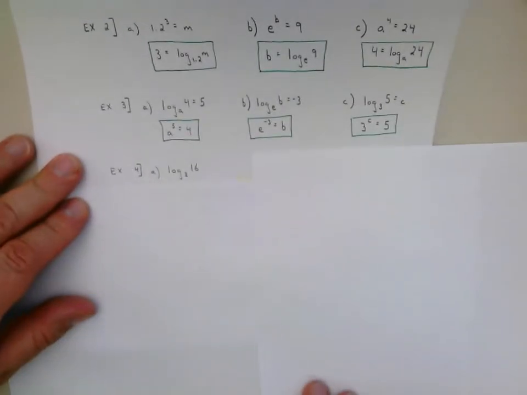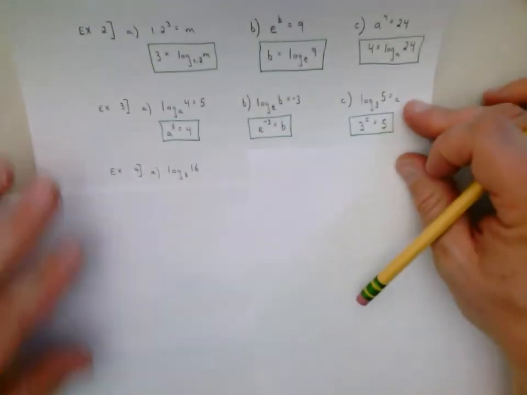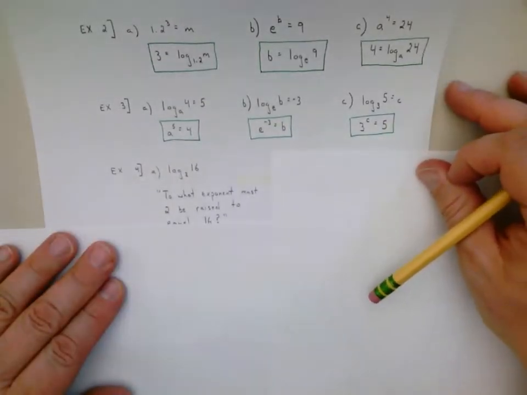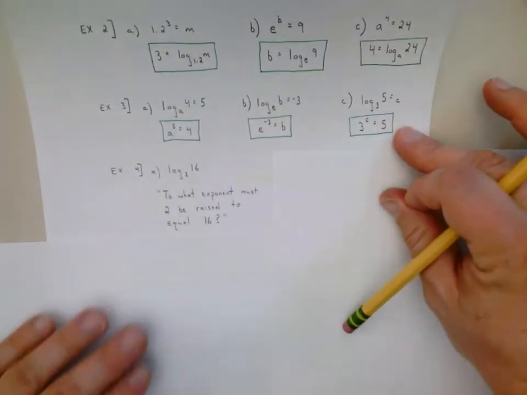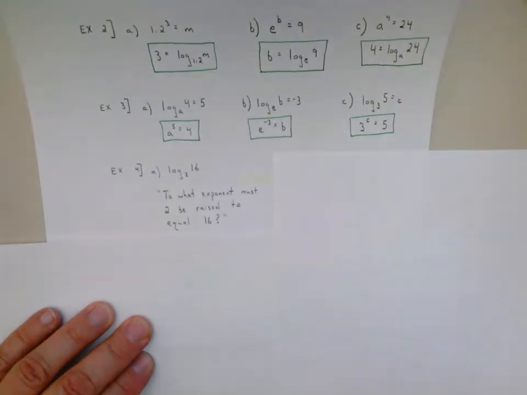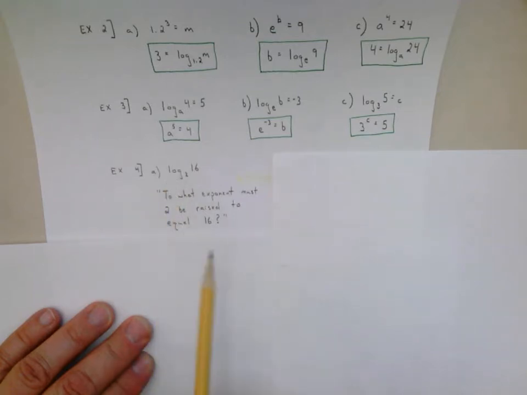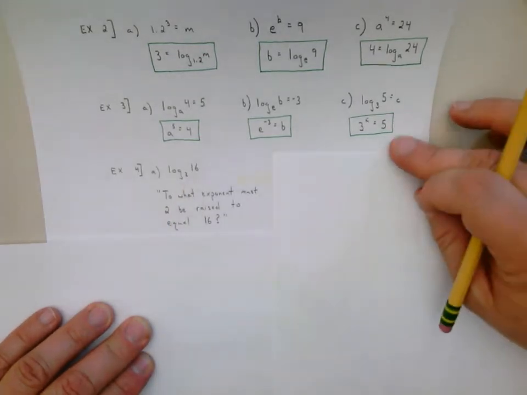If we examine log base 2 of 16, we're asking the question, to what exponent must 2 be raised to equal 16? Remember, a logarithm is a certain exponent. In this case, it's the exponent that we must place on the base 2 to make the power equal 16.